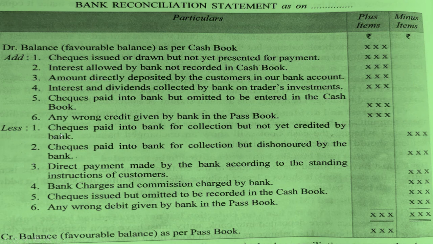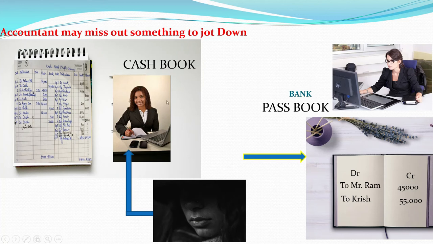You can see here the first one is checks paid into the bank for collection but not yet credited by the bank. Now when the check was sent to bank for collection, the accountant increases the amount in the bank column because he knows that as the check has gone for collection, it will definitely increase the passbook balance.